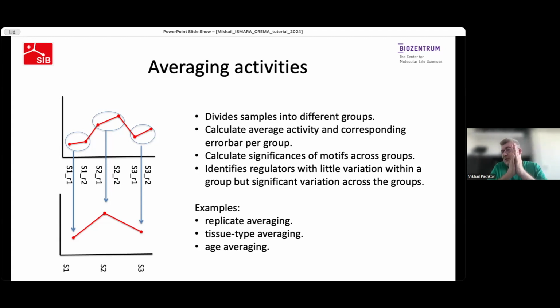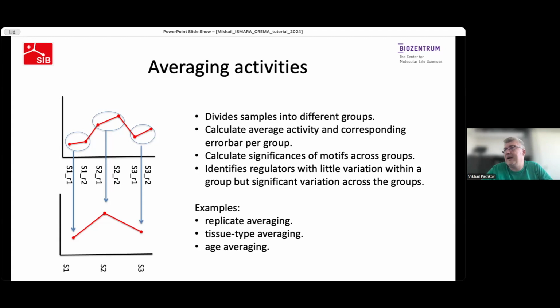And what kind of groups are these? The simplest example is replicates. Eric has already shown an example where we average replicates of the mouse liver data set. You can do this to remove the noise between the replicates. Another example is when you average by tissue type, which I am going to show later on.